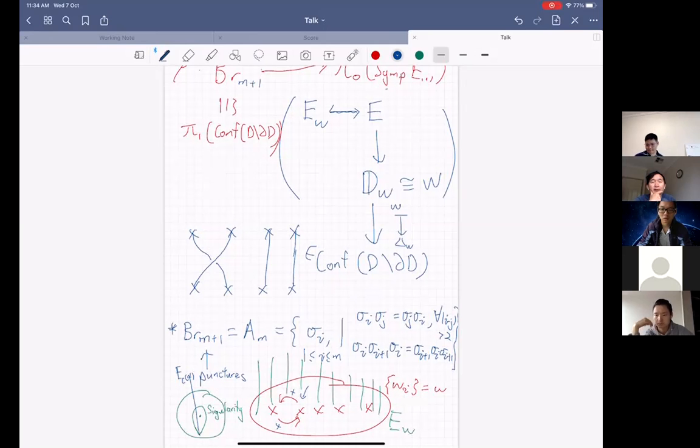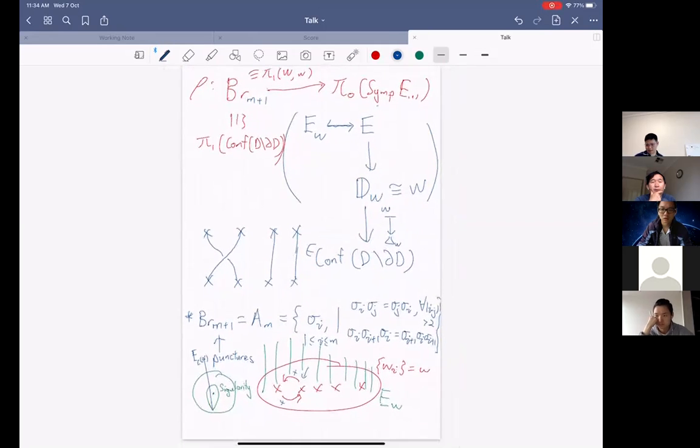What is E_W? E_W is where you fix one set of W and then look at the Milnor fiber. E is where you consider all kinds of punctures and then look at every Milnor fiber. This is a small w, not a big W.